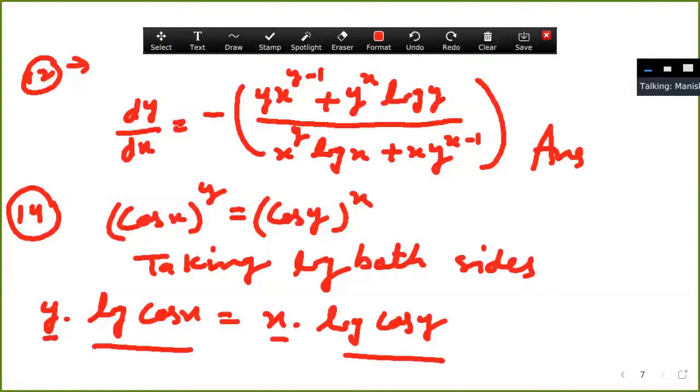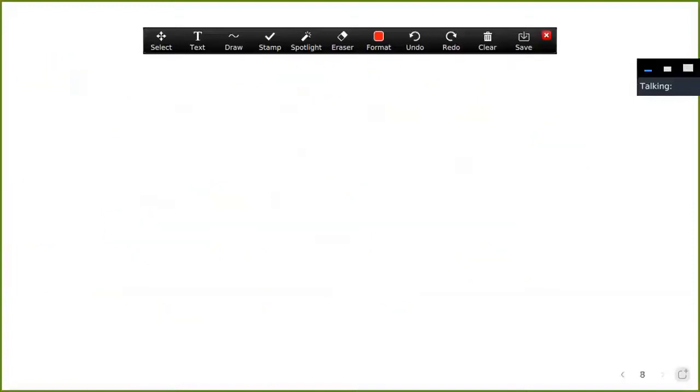When you differentiate these functions with respect to x, after differentiation of the left and right both sides, you will get the terms by using the product rule. You will get the terms of dy upon dx on both sides.